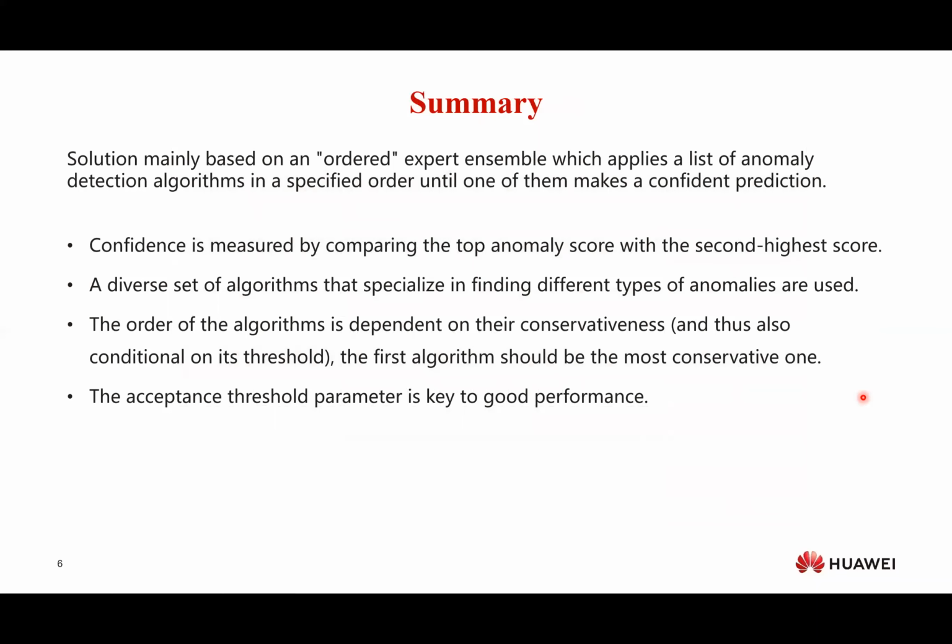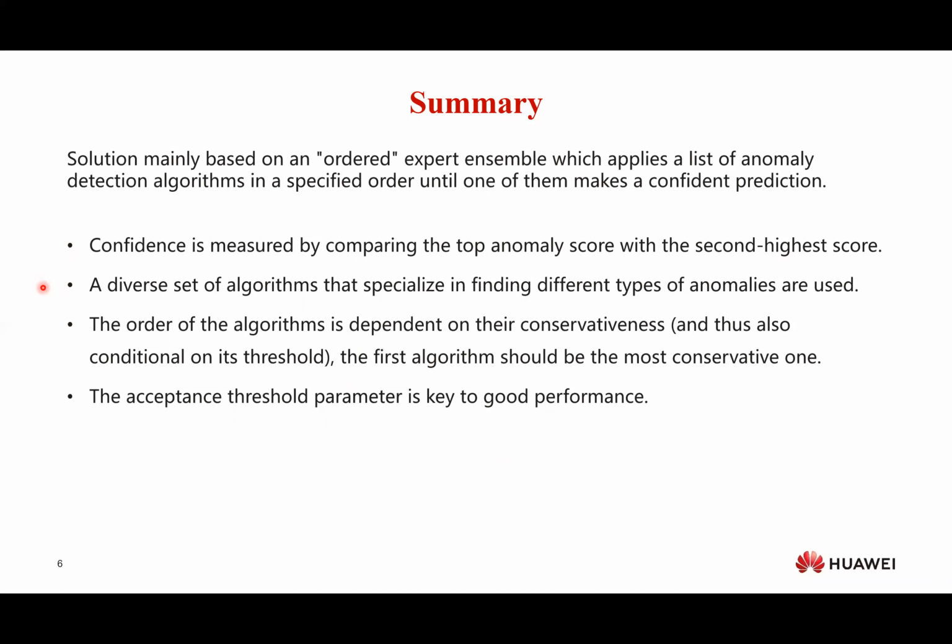So to summarize, our solution is based on an ordered expert ensemble, which applies a list of anomaly detection algorithms in a specified order until one of them makes a confident prediction. And the confidence is measured by comparing the top anomaly score with the second highest scores.